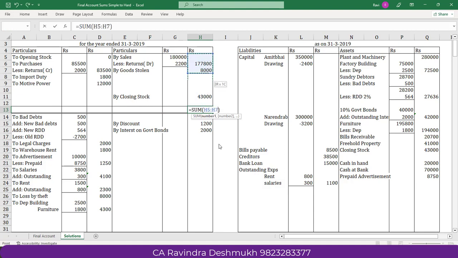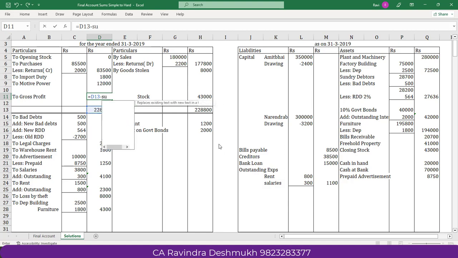To start with, take the total of the credit side of the trading account, put it on the debit side, from which your debit side total should be subtracted and the balancing figure should be taken as gross profit. So the sum of this one, here the gross profit will be written.